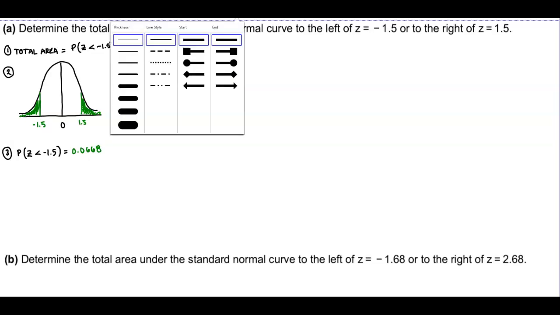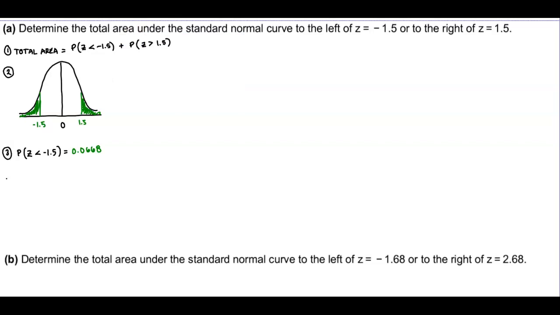Now we want to find the probability when z is greater than 1.5. Keep in mind that in order to find that, if it's 1.5 and it's to the right, we need to take 1 and subtract the area of the probability where z is less than 1.5.